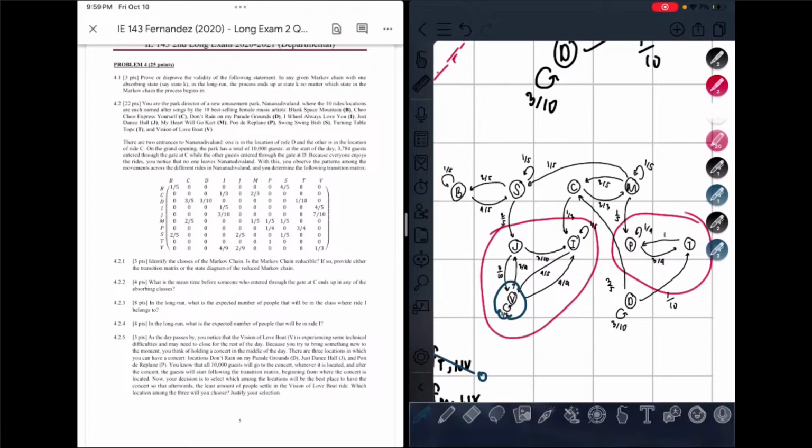So we choose between the three state options: State D, State J, and State P. We want the state that will give us the least amount of people going to State V.